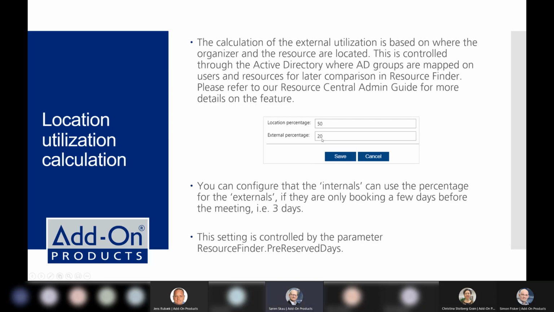So if I book this as an external, to be certain, I have to book it 3 days ahead, because within those 3 days, as an internal, I actually have access to all 70%. So if these 20% are not yet booked, I can take some of the desks as an internal. I'll show you that in an example.